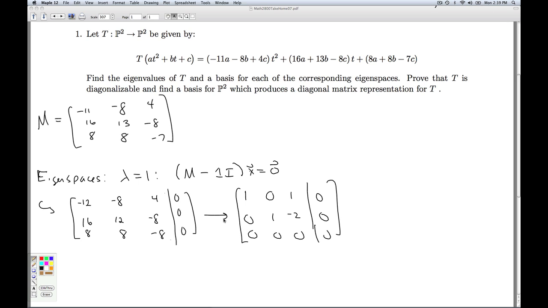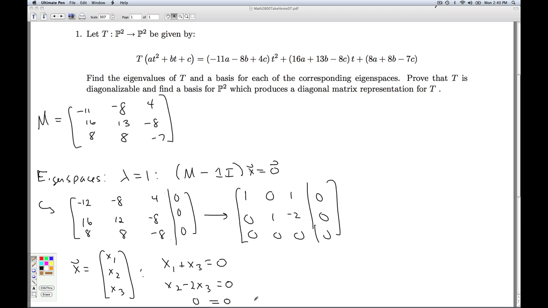After you go through the usual row operations, you get this as your reduced row echelon form. And so we get our solution x, with unknowns x1, x2, x3. We've got x1 plus x3 is 0, x2 minus 2x3 is 0, and 0 equals 0. This means that x3 is free, so we get one free variable, which we knew we would get at least one.